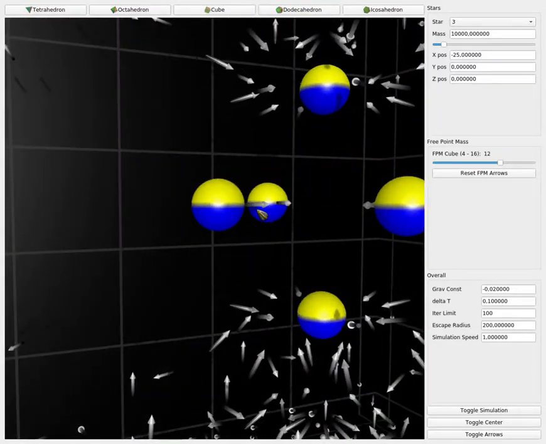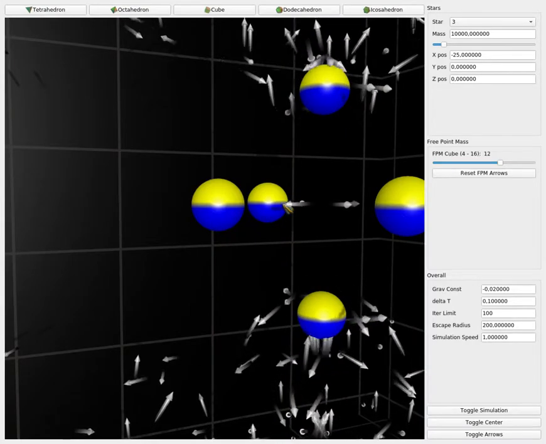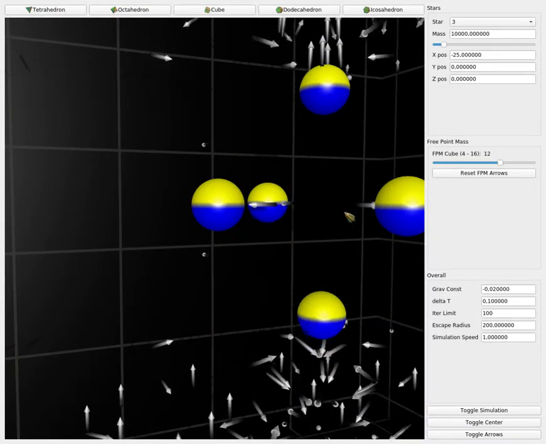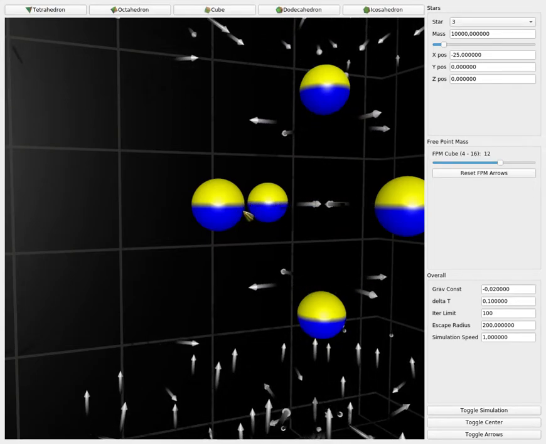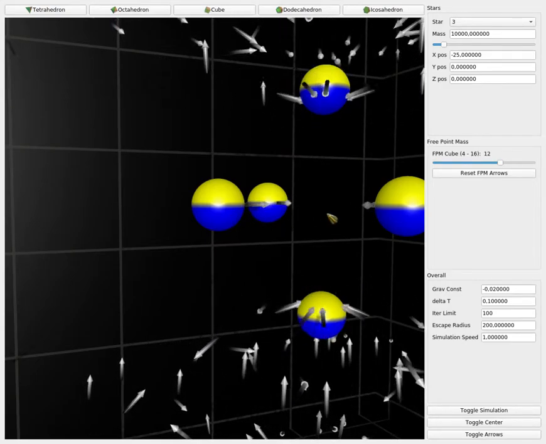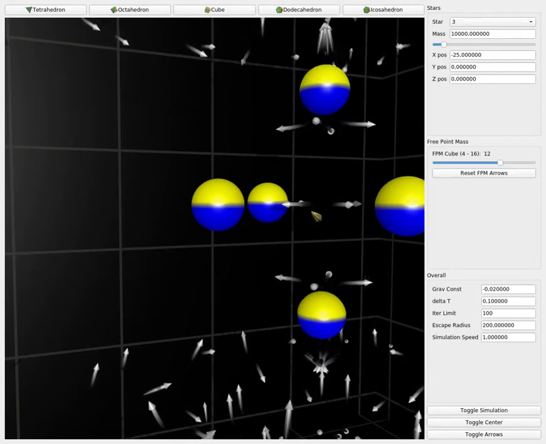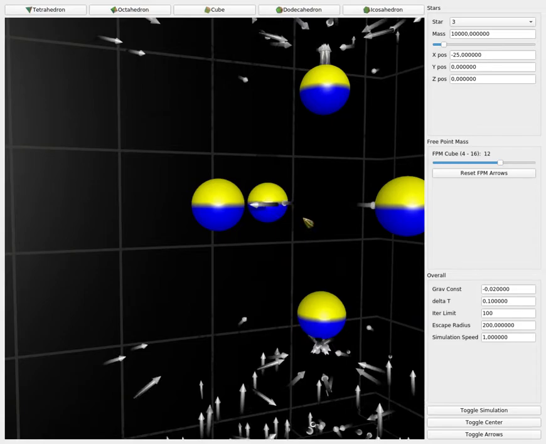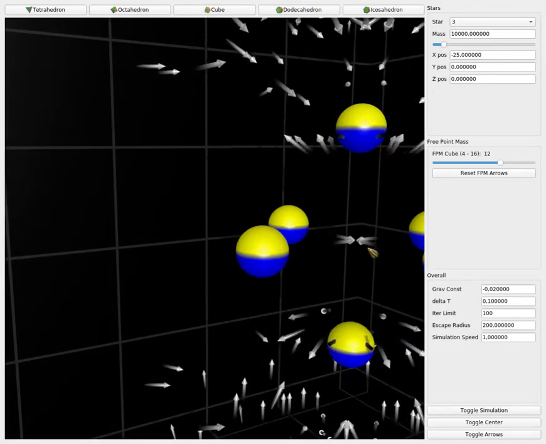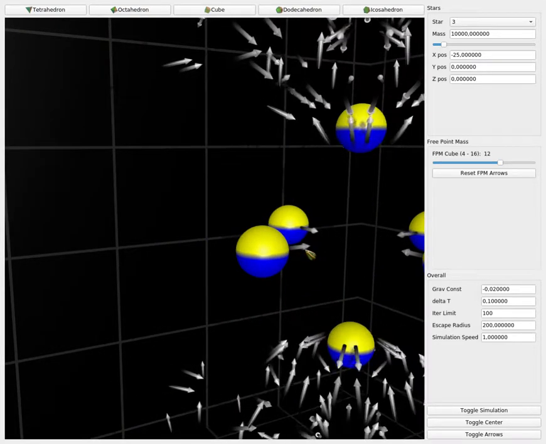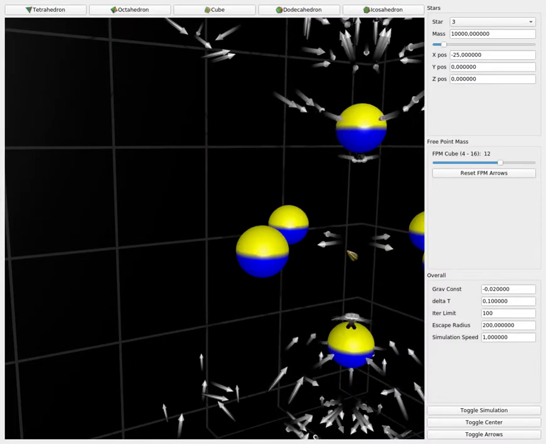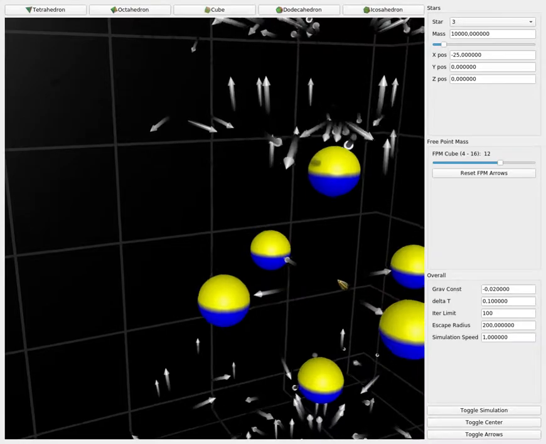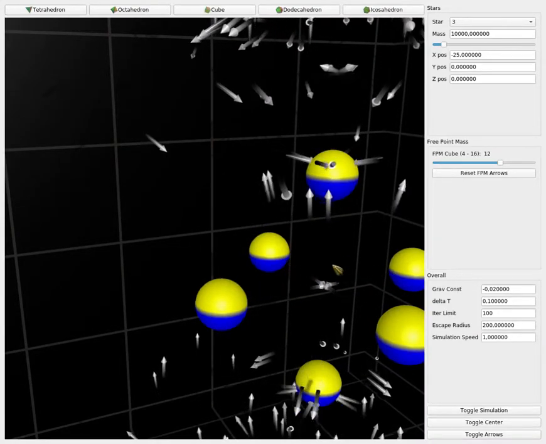And again here we've got this weirdness where we've got, in this case, 4 FPMs bouncing between the negative mass stars. Well, like I said, they're positive mass, but they're behaving like negative mass stars, and they're just bouncing back and forth between them. Now, in this case, the arrows are behaving themselves as far as pointing in the direction of motion. All right.